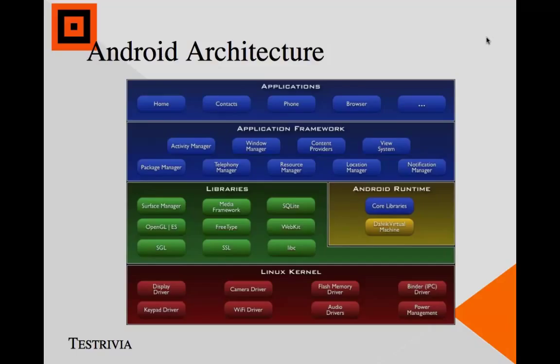So in Android, everything is an activity. You tap on something, it's an activity. You navigate somewhere, you drag and drop, you touch, you scroll, and you pass certain events. Everything in Android that you see on your LCD screen and interact with is called an activity.